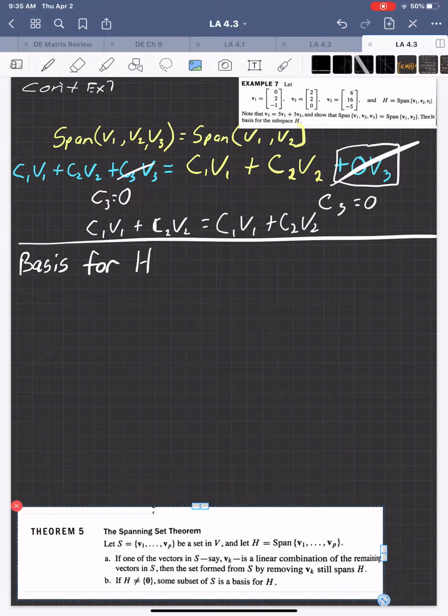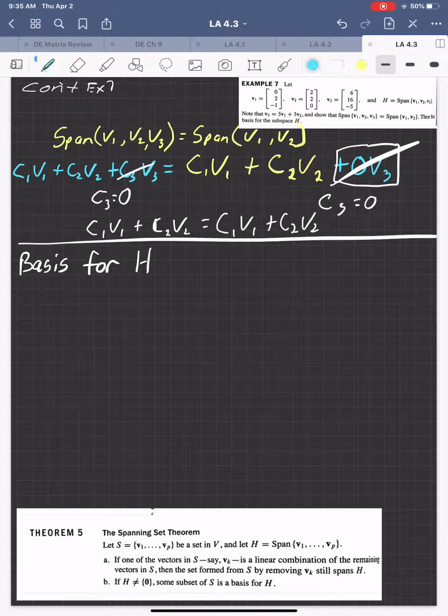Are you with me? Are you still along for this ride? So what does it mean to have the basis for a subspace H? Well, there's a set of vectors out there that form a basis for H if they allow me to reach every single point in subspace H.